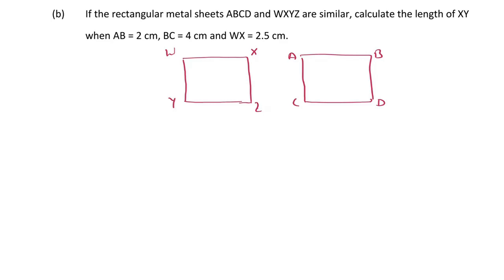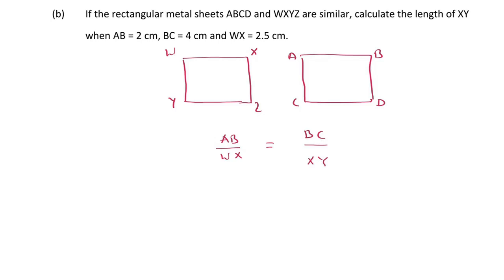Okay, so since the figures are similar, then they must have a constant ratio for their corresponding sides, that we can write as AB over WX must equal BC over XY.